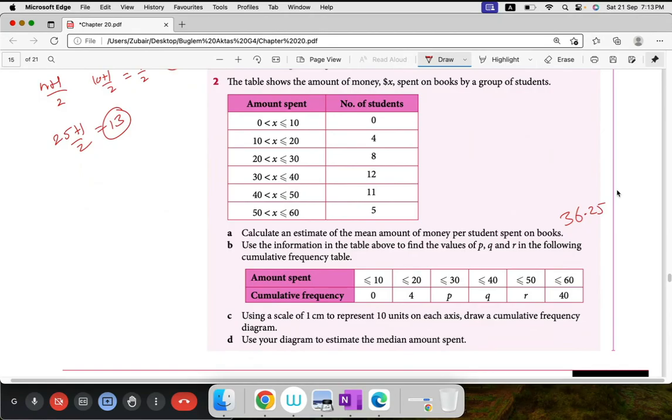I'm not getting the same answer. Are you using the midpoints?